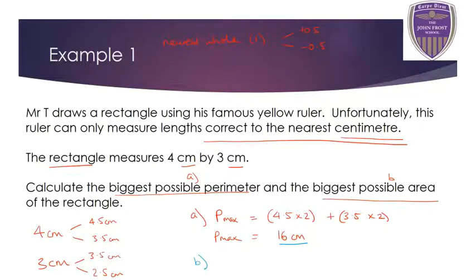Then it also says biggest possible area. The area of a rectangle, hopefully we remember, is just length times width. But if we want the biggest possible area, we want to use the biggest possible values. So we're going to do area and then max. That's the 2 biggest sides multiplied by each other. So that's 4.5 multiplied by 3.5, the upper bound for this one and the upper bound for this one.